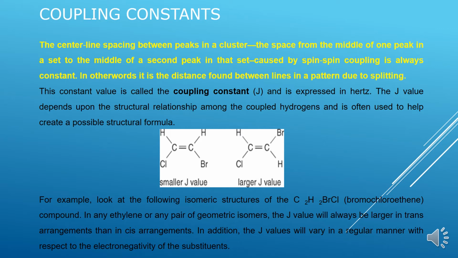In addition, the J value will vary in a regular manner with respect to the electronegativity of the substituents. So we need to concentrate on these two things: geometric isomers and the electronegativity of the substituents, which influence the peak.